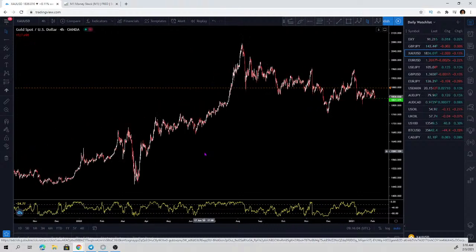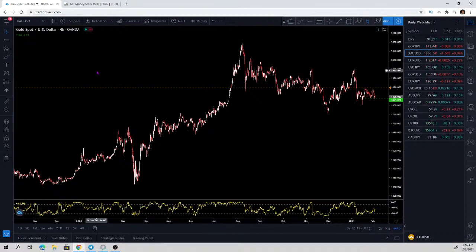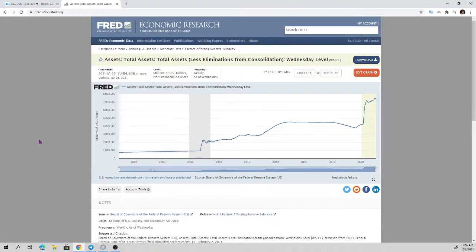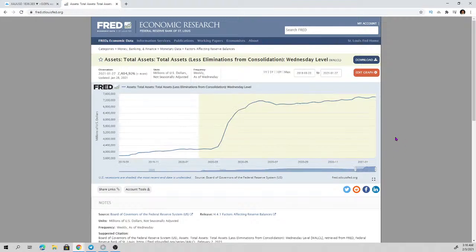But the thing is that what I'm looking for is to pick up buys in gold for a continuation. Why? Because this round of quantitative easing has not stopped. If you look at the Federal Reserve's balance sheet, let's just look at the balance sheet right here. When it started expanding back in February, March 2020 due to the coronavirus pandemic, they started easing their asset buying program.